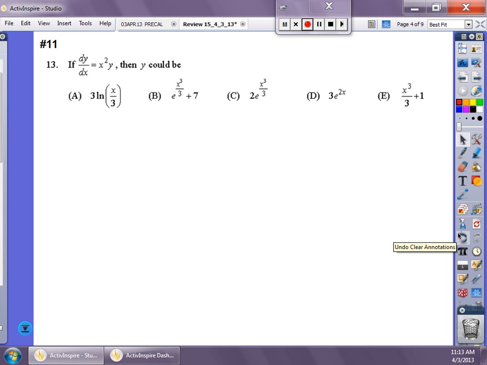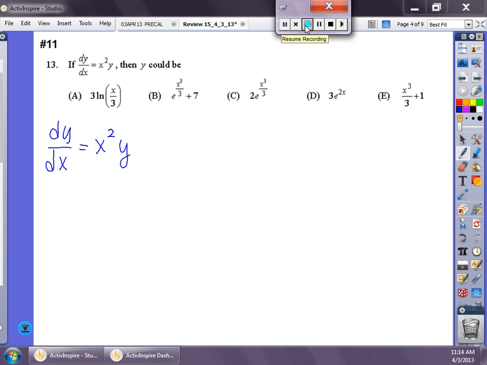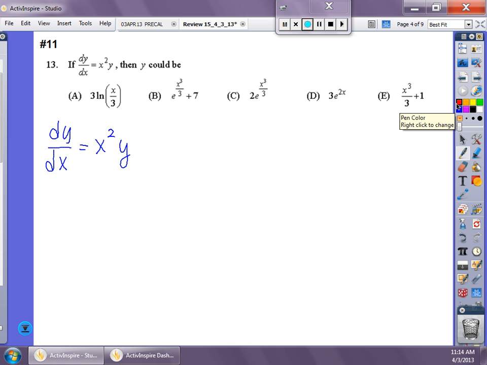Alright, I'm going to give you guys a little bit of time to try. Alright, so separate. That's your first thing. I'm going to move my y's to the left, my x's to the right. You're going to integrate both sides. That was your step 2.